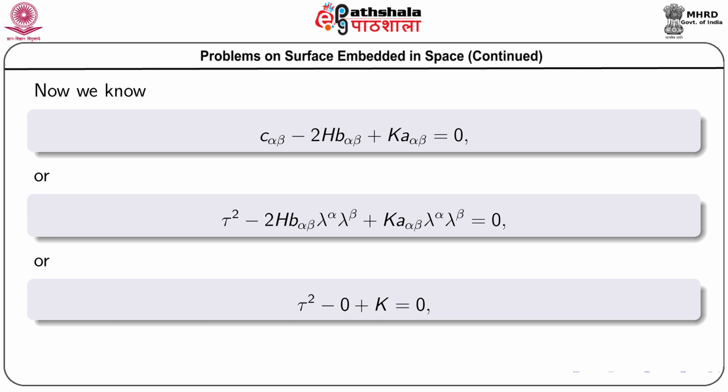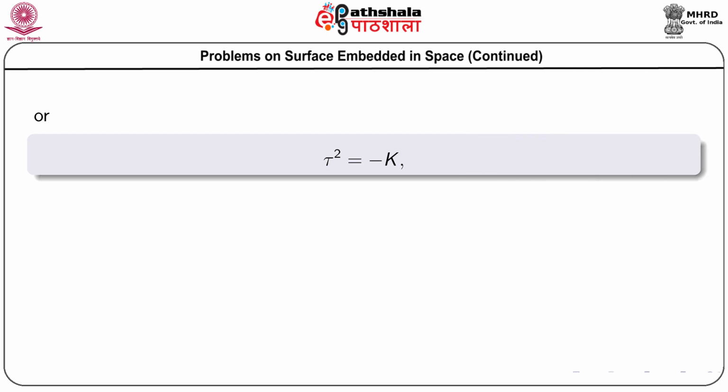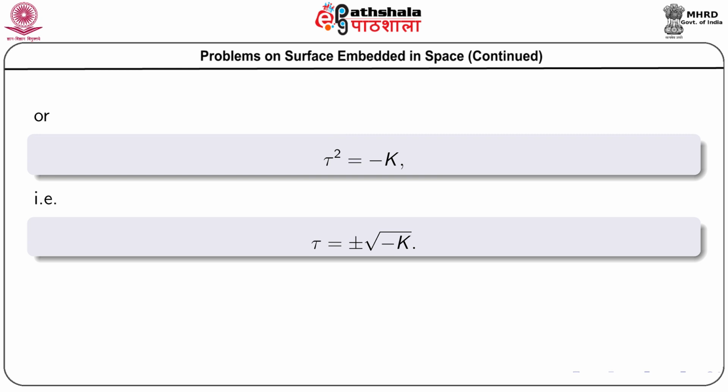As we have considered here the asymptotic lines, kappa n is 0, that is why b alpha beta lambda alpha lambda beta is coming to 0. So, tau square plus K equals 0, or tau square equals minus K, and we can write tau equals plus minus root over minus K, and this result is known as Enneper's formula or Beltrami-Enneper's formula.